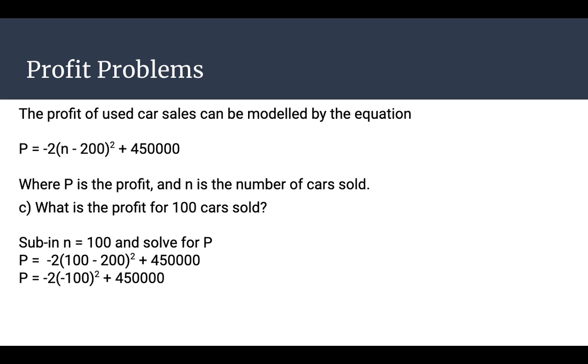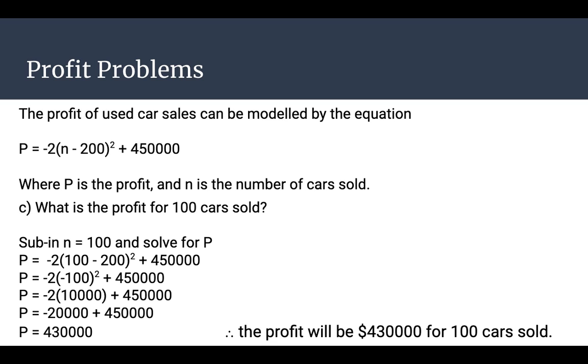Negative 100 squared is 10,000, and 2 times 10,000 is 20,000. Because the 2 is negative, the first part becomes negative 20,000. And then the last step is to add negative 20,000 plus 450,000, and that gives us a profit of $430,000. So therefore, the profit will be $430,000 for 100 cars sold.